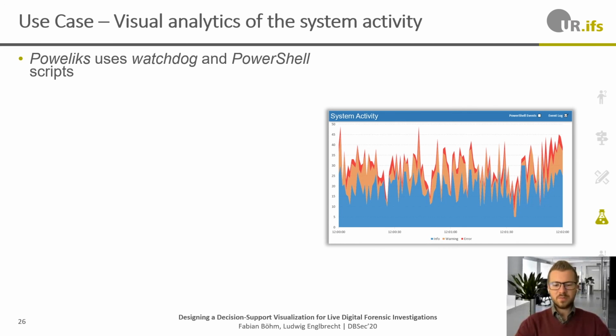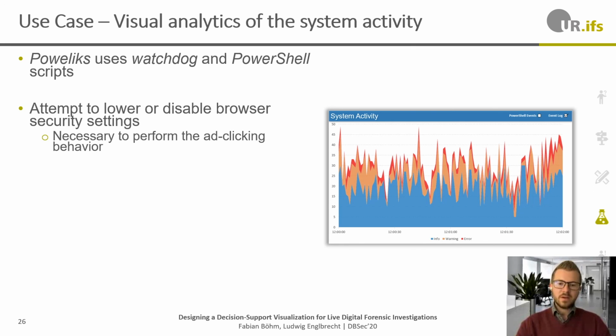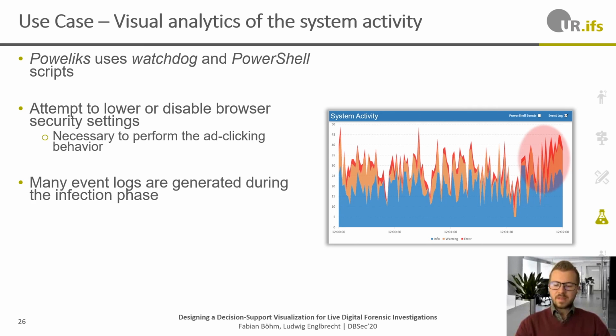Now we analyze the system activity. Poweliks uses Watchdog and PowerShell scripts. This is very powerful in combination. But they tried to lower the browser security settings for the necessary ad-clicking behavior. These changed settings generate a lot of event logs, like warnings or error logs, and this can be observed by an increasing value of some warnings or error logs.